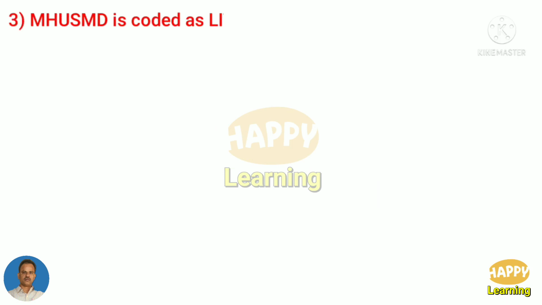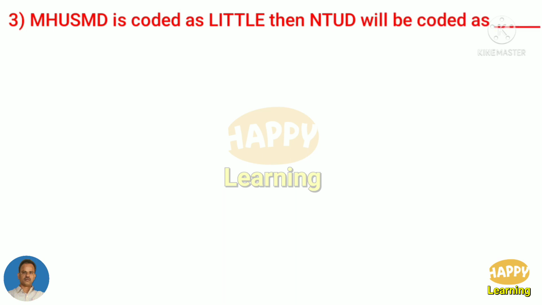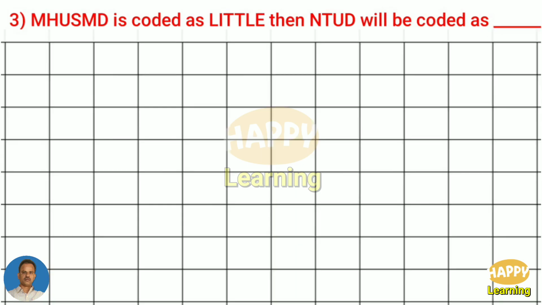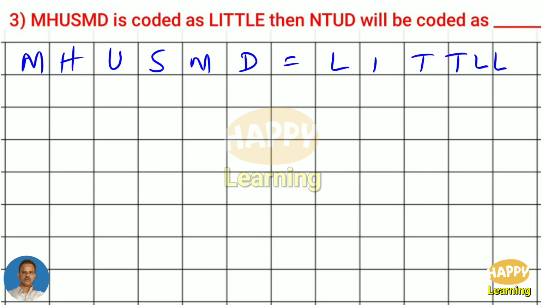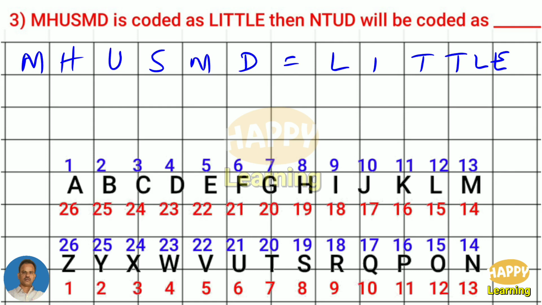Then next question. MHUSMD is coded as LITTLE. Then NTUD will be coded as. What is the relation between M and L? -1, so you are taking one step back.